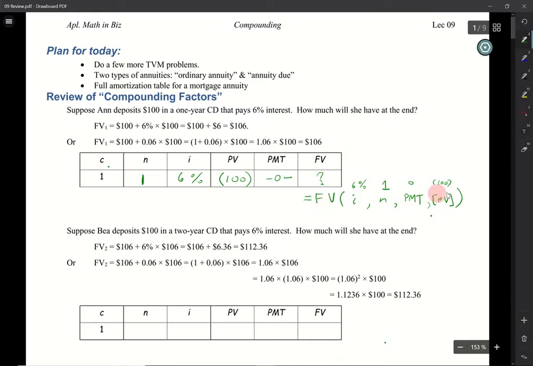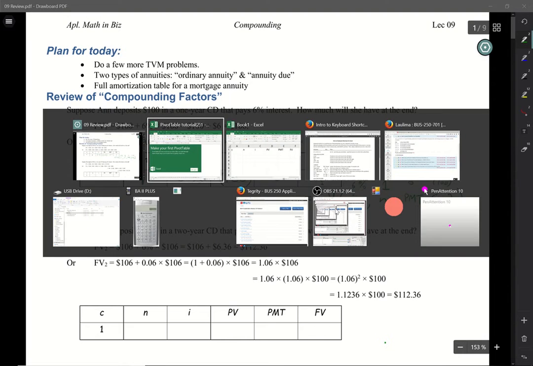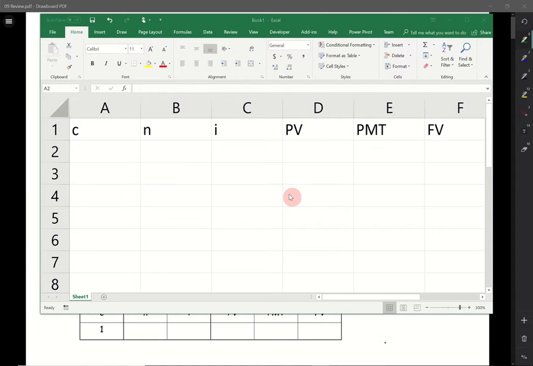And so this is really what we would be using in Excel. And so what we should do in Excel is, we start with a blank sheet, and then we should just type in C, N, I, PV, PMT, and FV. Okay?